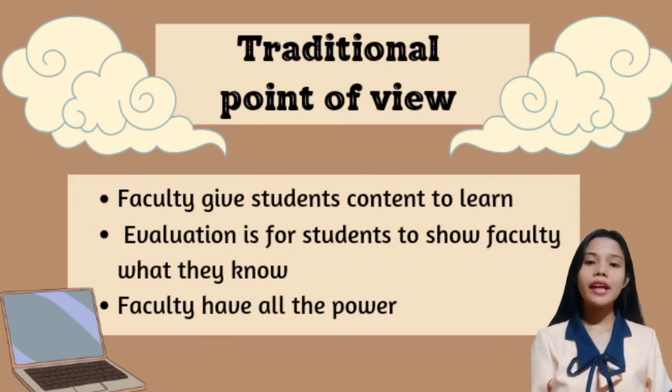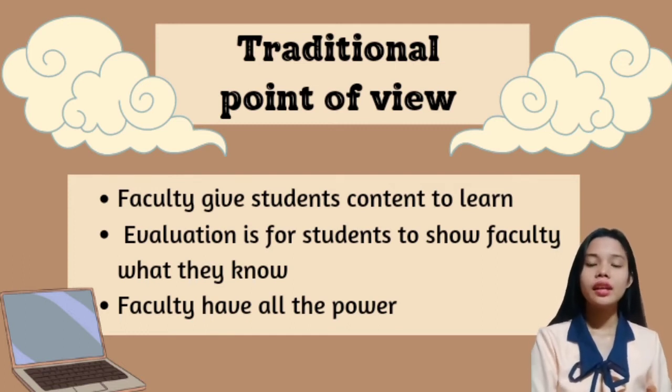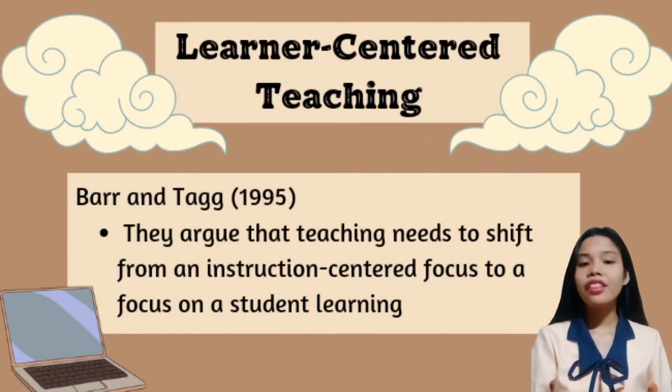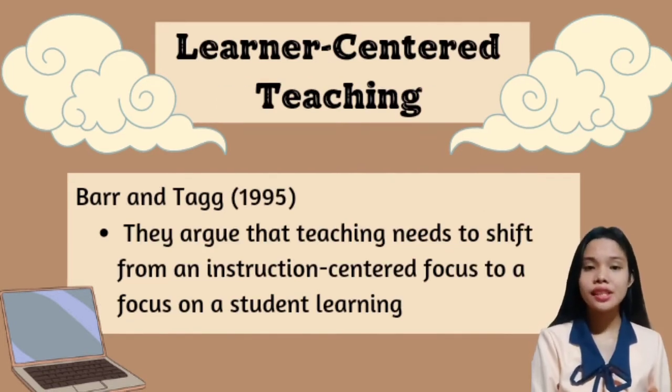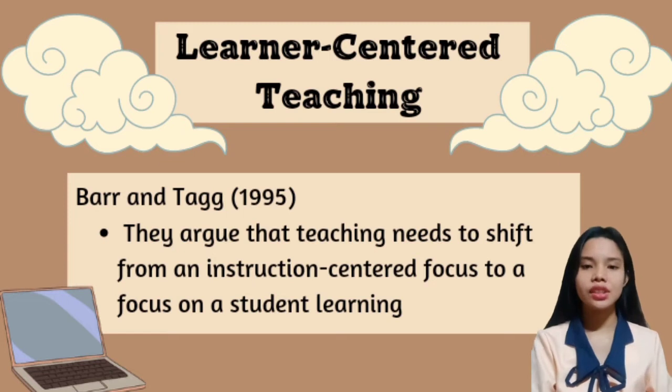Most respond to these questions from a traditional point of view. The faculty gives students content to learn. Evaluation is for students to show faculty what they know. Faculty have all the power. But another perspective on these questions is called learner-centered teaching.